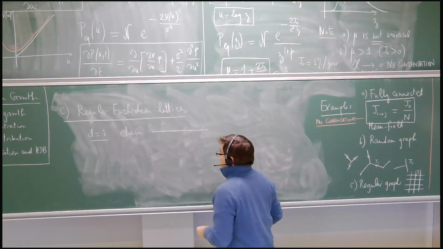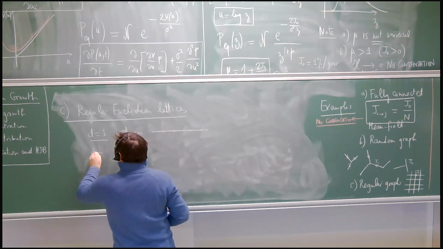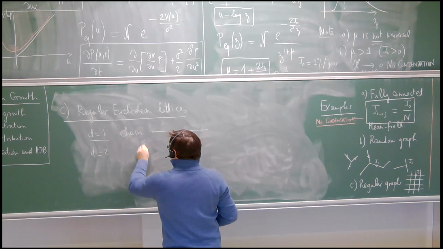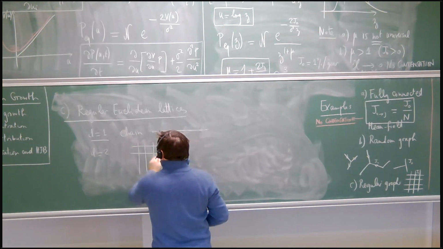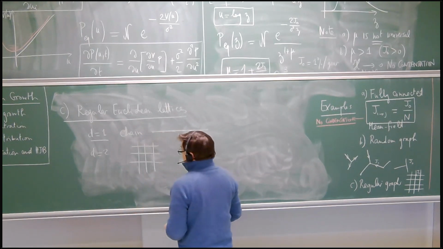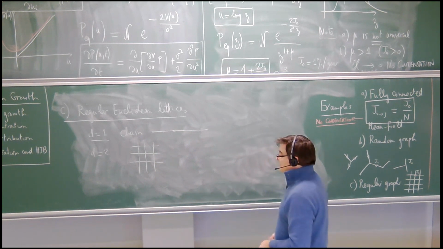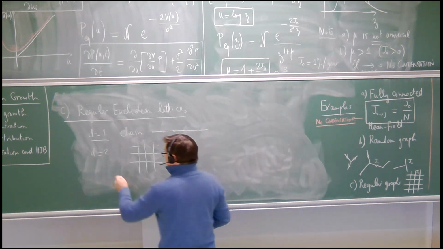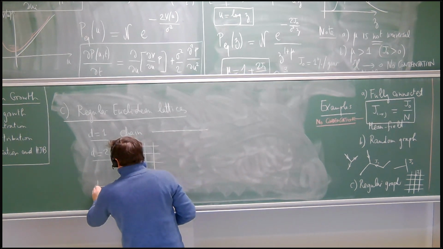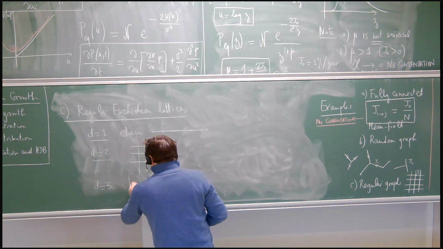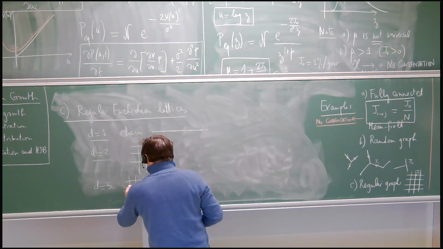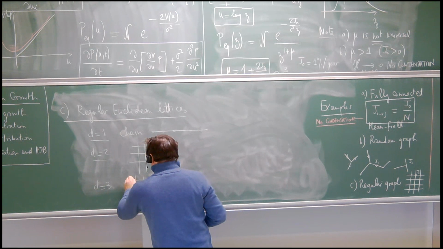Okay. D equal 2, it would be what I've drawn before, something like this. Maybe more complicated cell structures, but essentially something like this. And then D equals 3, you can think of as a cubic lattice. And so on.